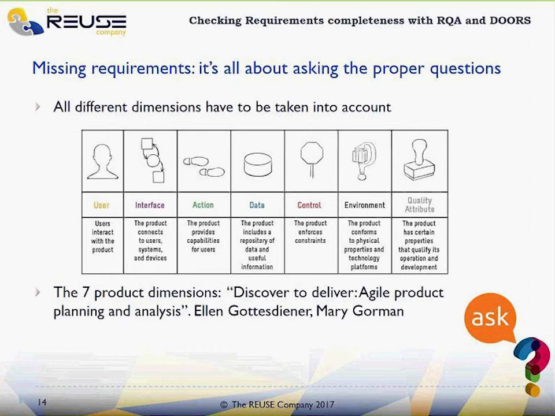But user is, according to this very interesting book, Discover to Deliver, just one of the 7 dimensions for our systems. We have to deal also with interfaces, actions, data, control, environment, quality attributes for our system. So if we want to end up with a complete set of requirements, we have to ask questions on all these different 7 dimensions.